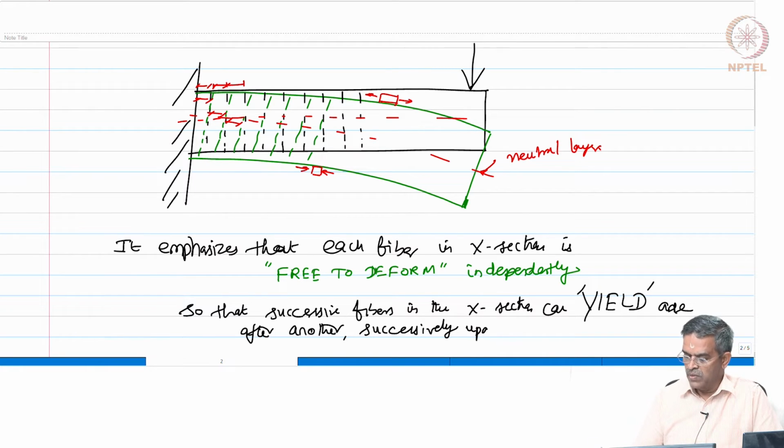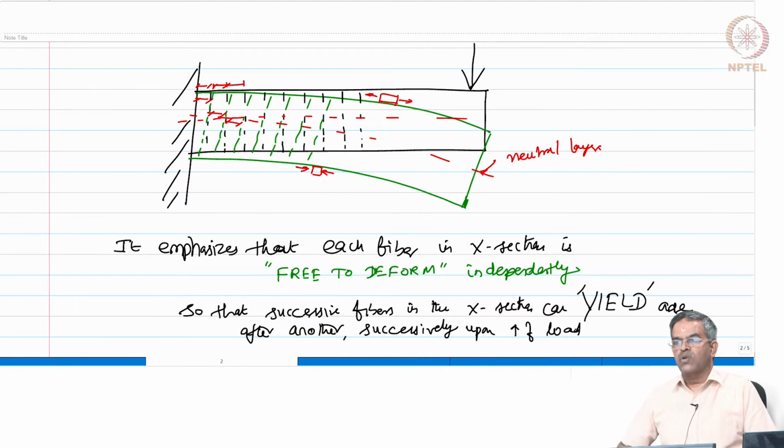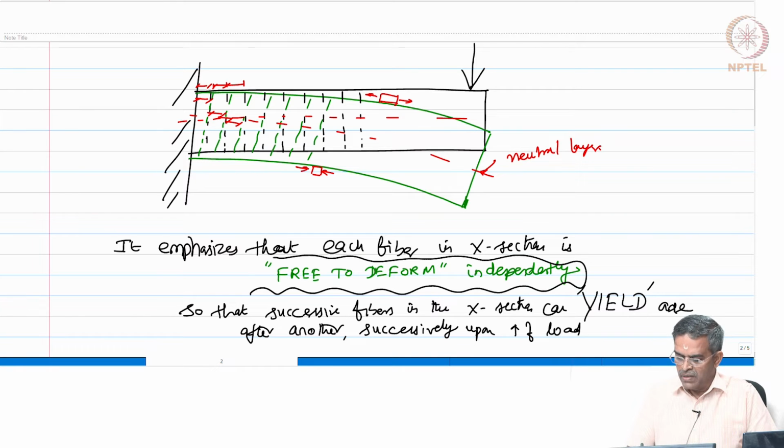successively upon increase of load. As you keep on increasing the load, successive sections keep on yielding independently. Okay? Each fiber has been given this freedom to deform independently. That is a great advantage, that is a great boon given to every fiber in the cross section.